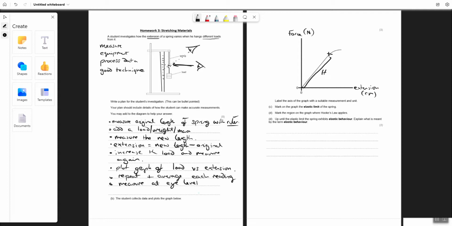So this is Hooke's law. It's something that comes with the next question, but I'm just going to say it. Hooke's law is that the extension is directly proportional to force. Up until the elastic limit, the spring exhibits that.